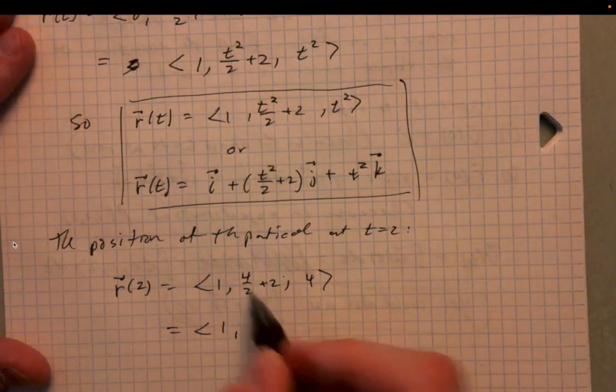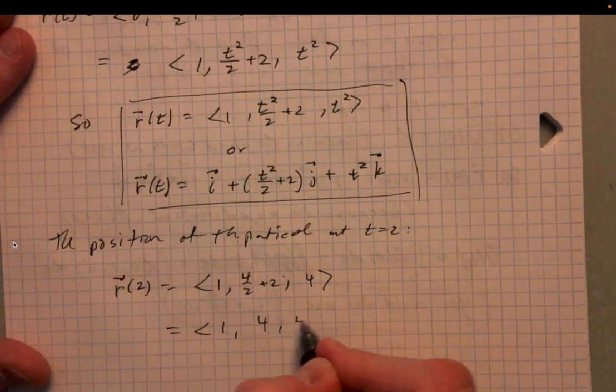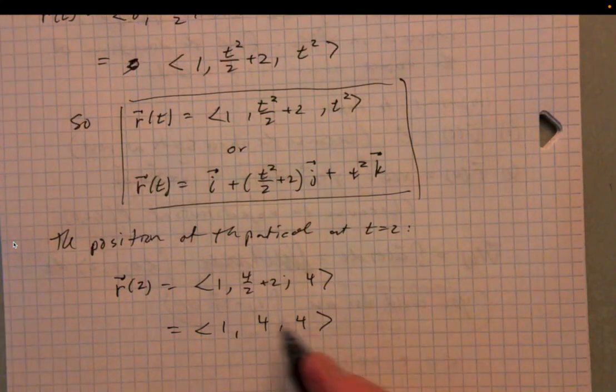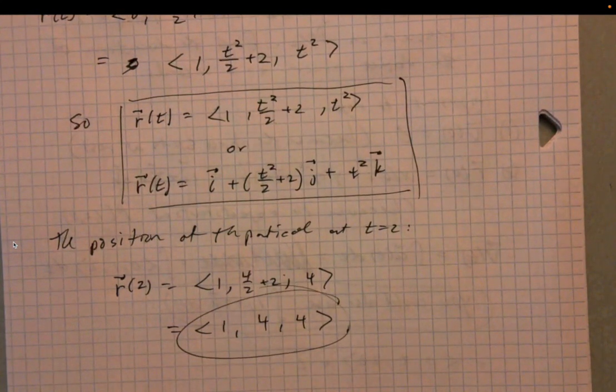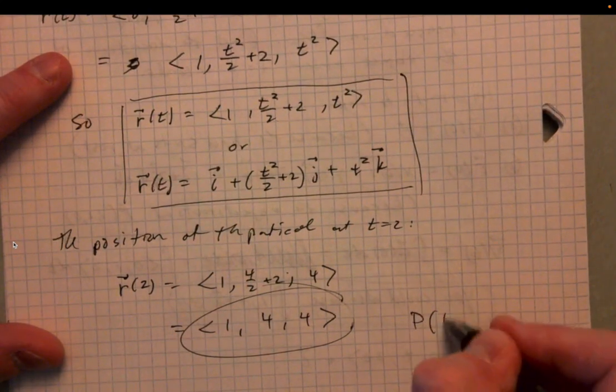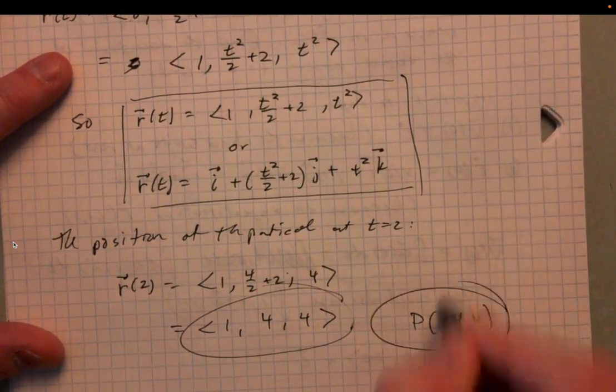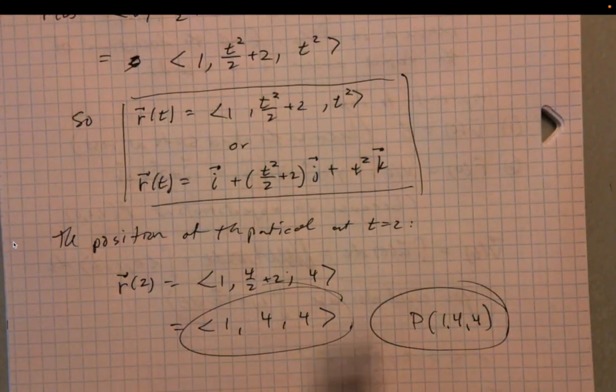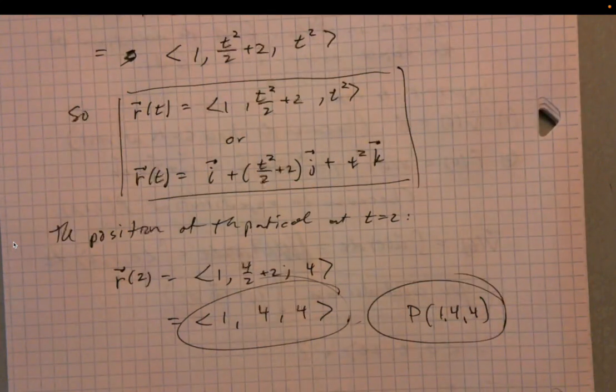So 1, and then 4, and then 4. Okay, so that's the location, and specifically at 1, 4, 4 is where the particle is. This is the vector that describes its position, and that's where it's actually sitting.